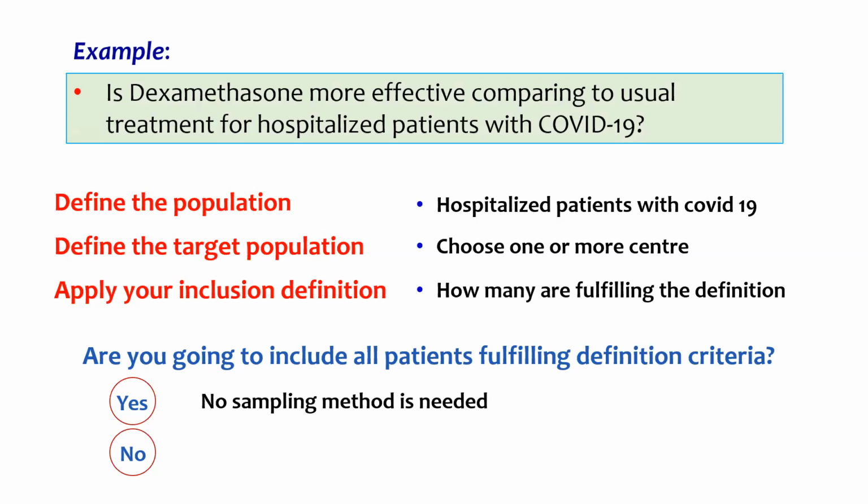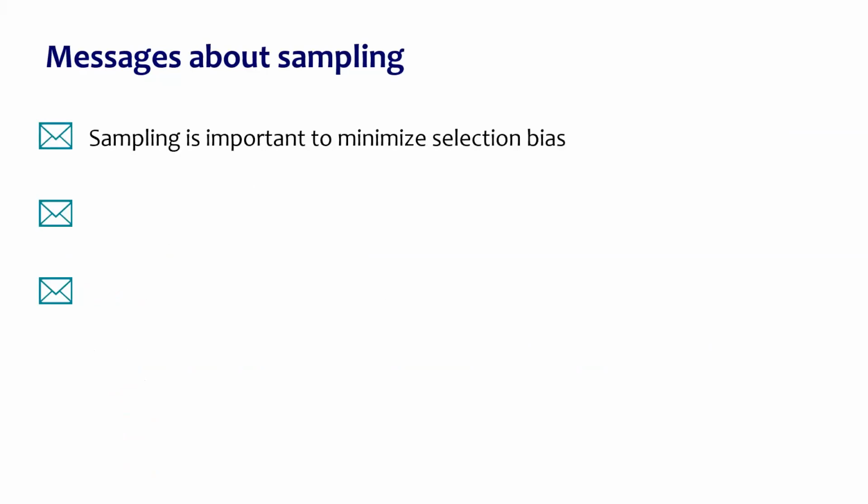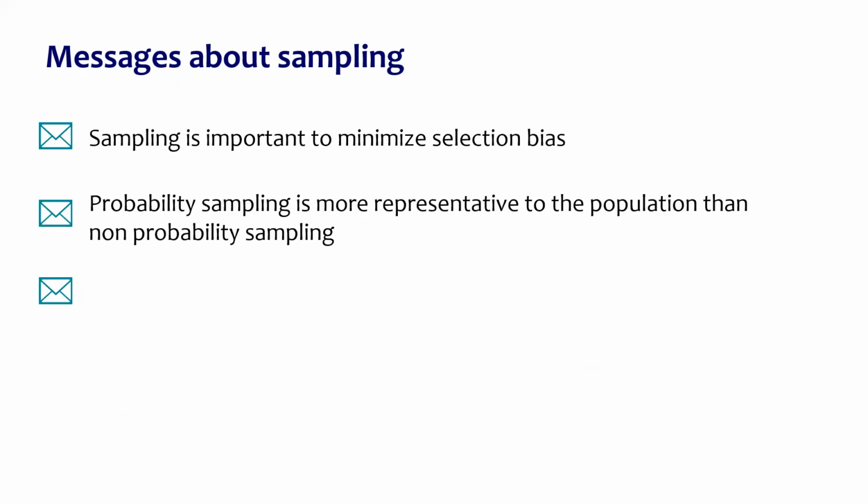When I want a part of the target, I certainly need to know the sample. If the answer is no, then I should write how I am going to take part of the population in my sample, using the methods you heard a little while ago. The message about sampling is that it is an important way to minimize selection bias.